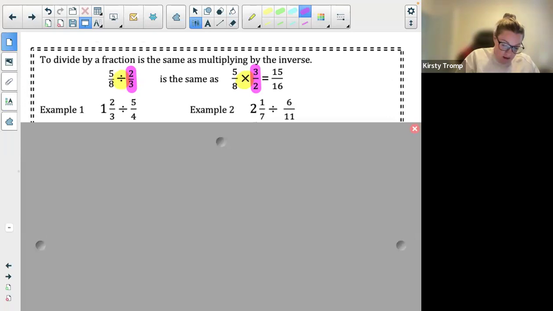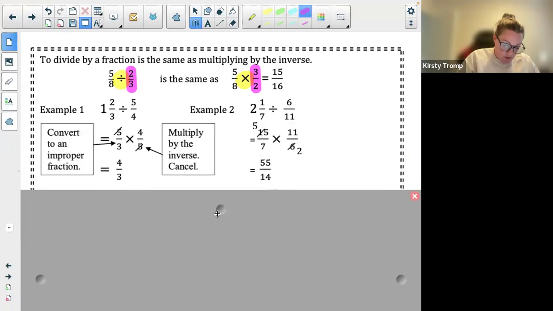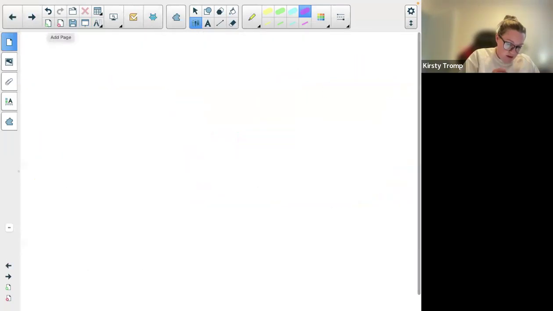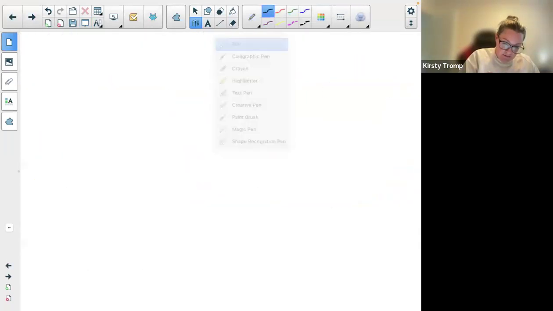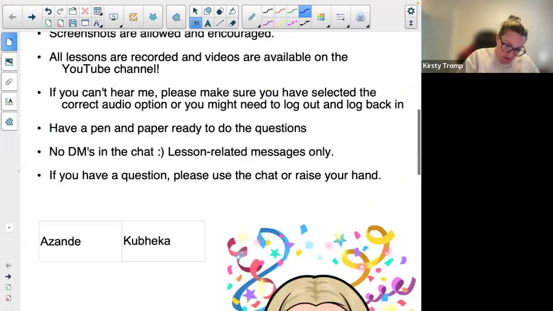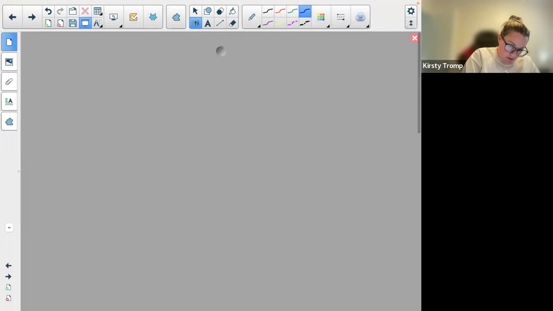If we look at it another way, we're going to start with one example first and then go on to example 2. So the first thing we have here is 1 and 2/3, and we're dividing by 5/4. So I'm going to put it on another page here for us. Go to our example, apologies.